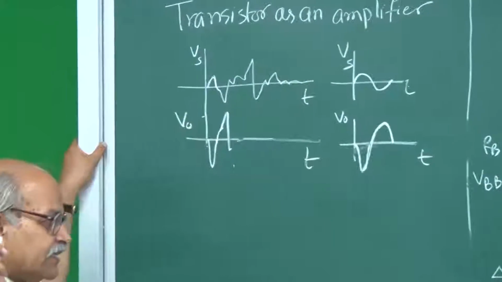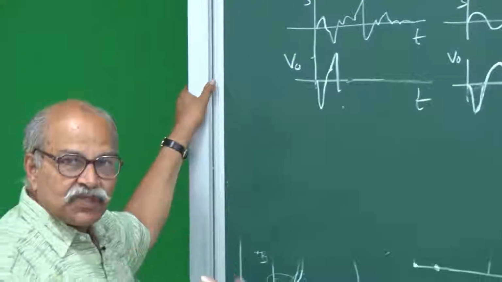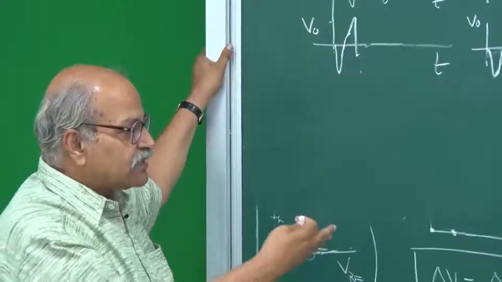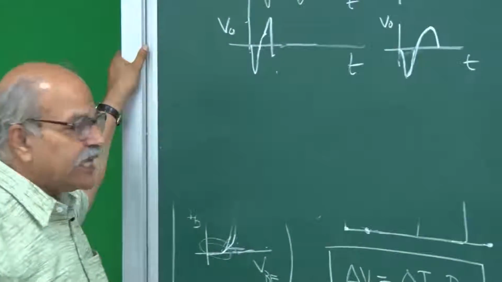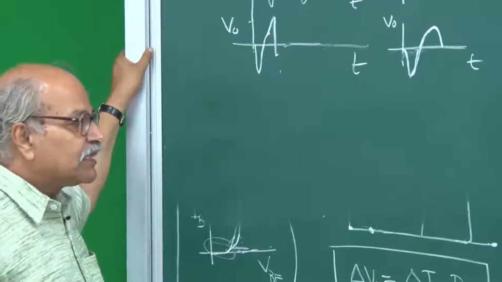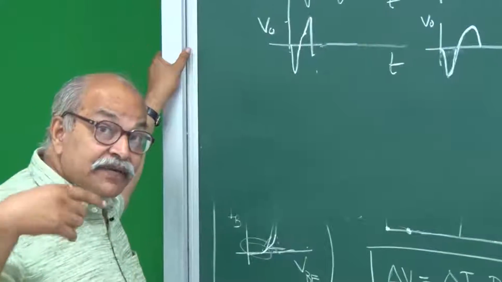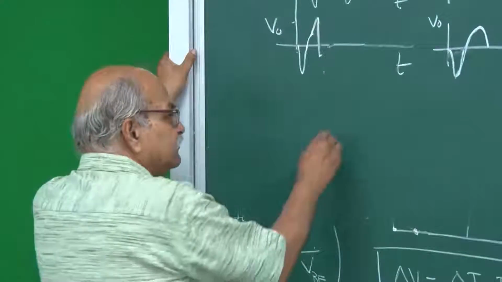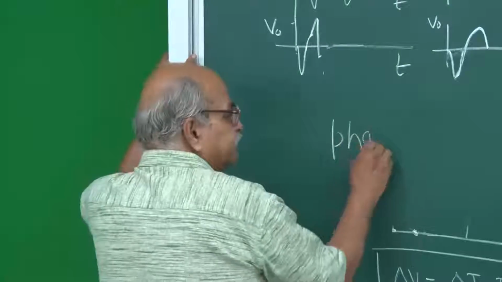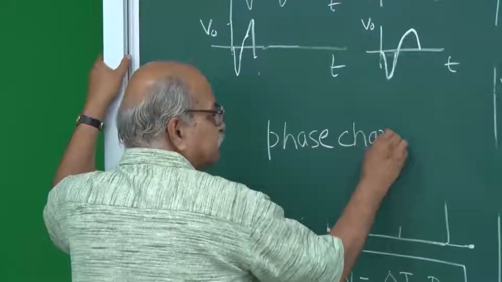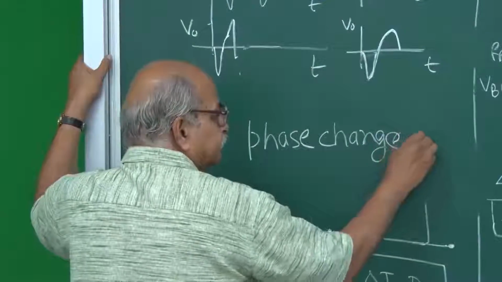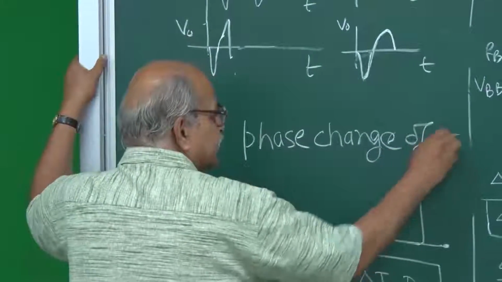So, the important lesson is that if you use a single stage transistor in this common emitter mode, the amplification is there, but then there is a phase change of pi during this amplification.